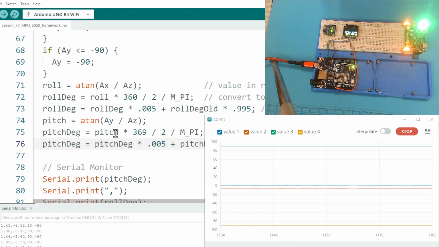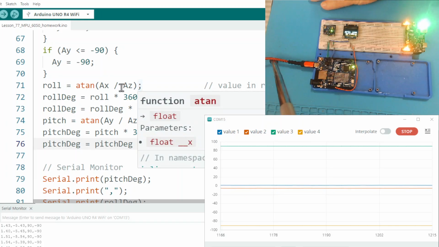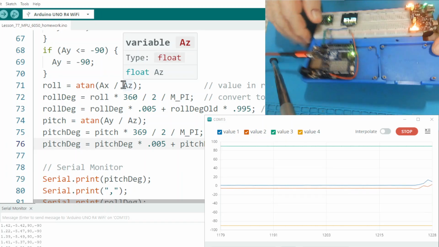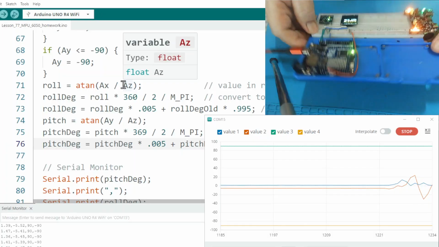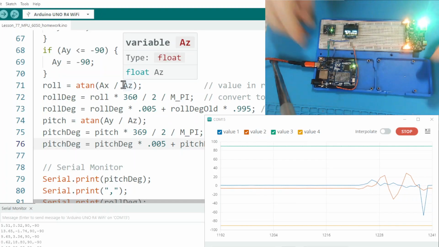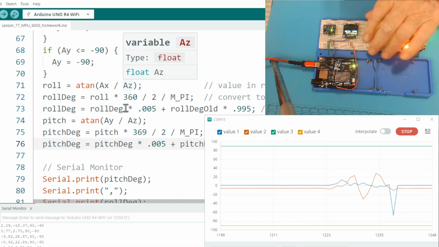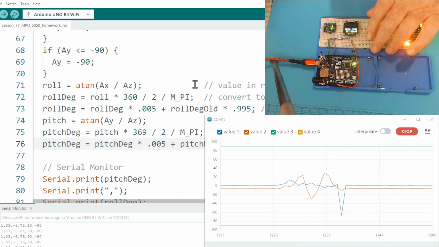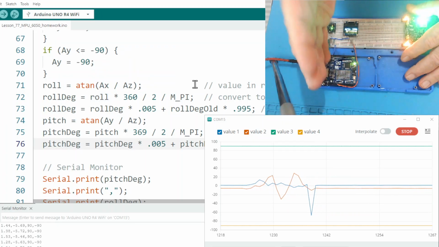Okay, now, same thing here. The pitch, I used the arc tangent of AY over AZ. And if you look at the roll, it is going this direction here, right? This is your roll. And that happens to line up very nicely with the x-axis because the x-axis goes this way.